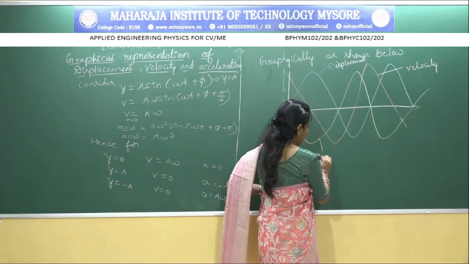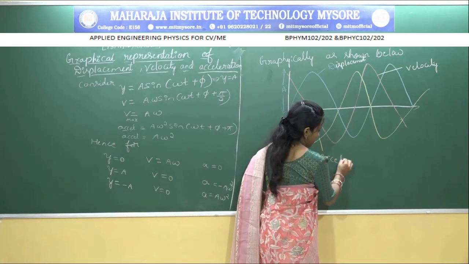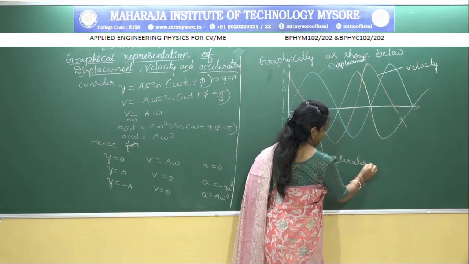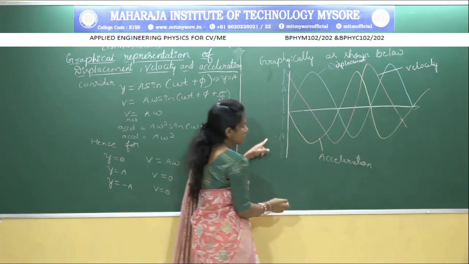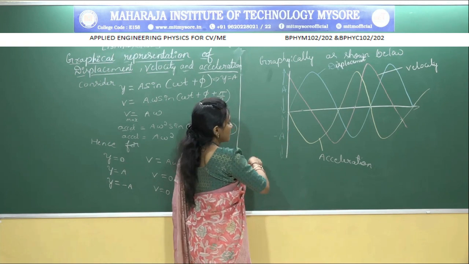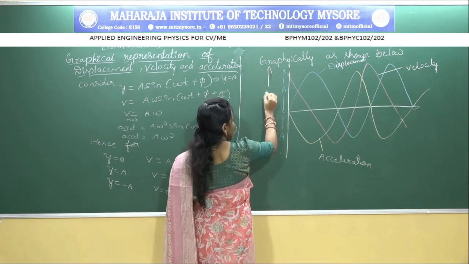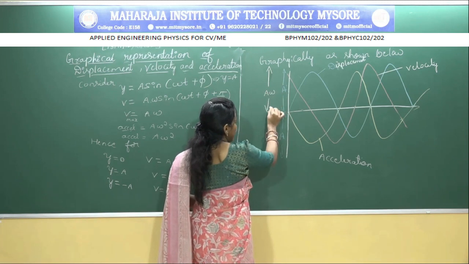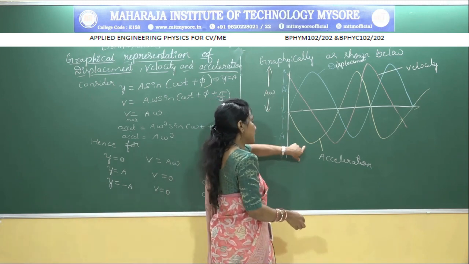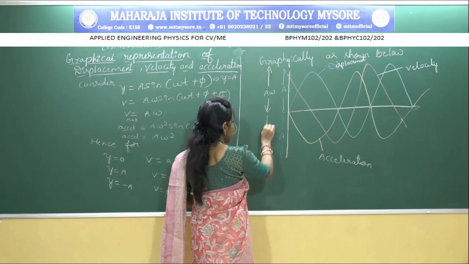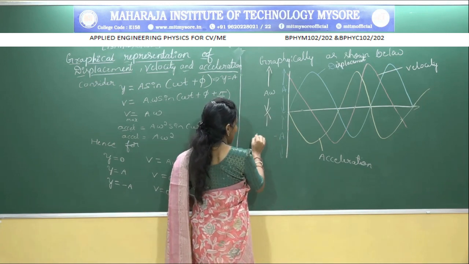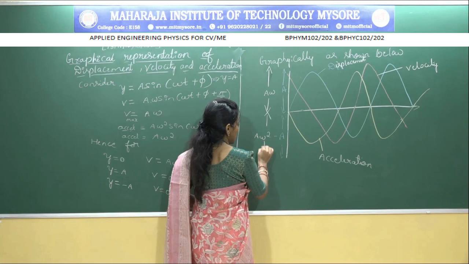This is the displacement and acceleration. The velocity is A omega, and the acceleration is A omega square.